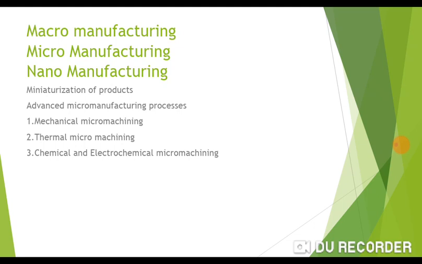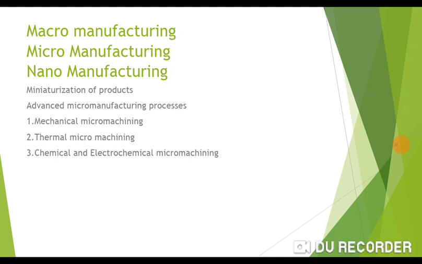So the machining error is extremely small, but isn't it a challenge to manufacture such a component? Yes. So for this, miniaturization is required. So miniaturization features on difficult to cut materials can be achieved using advanced micromachining processes.